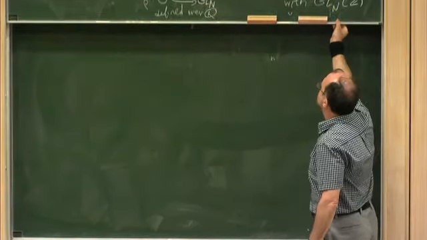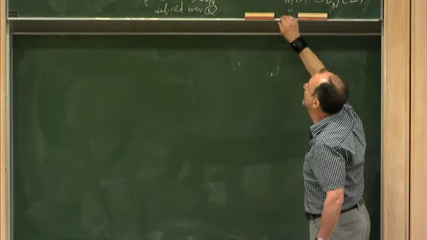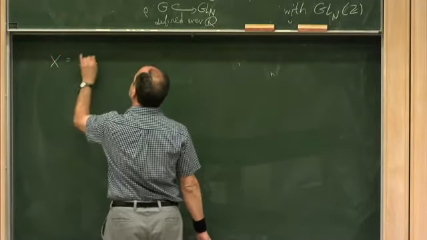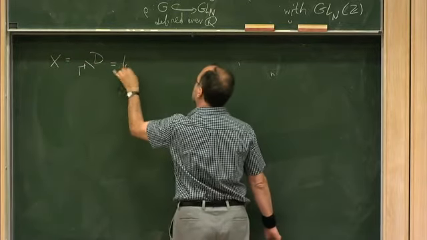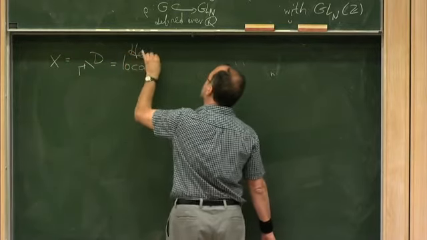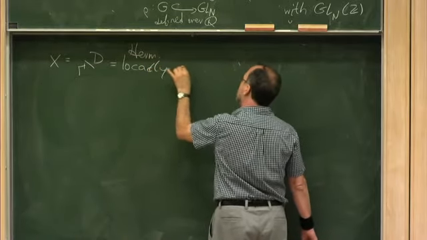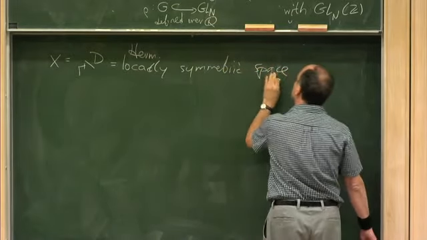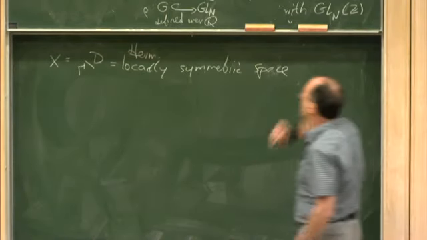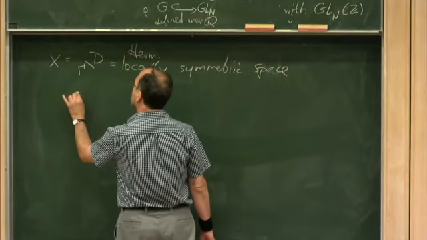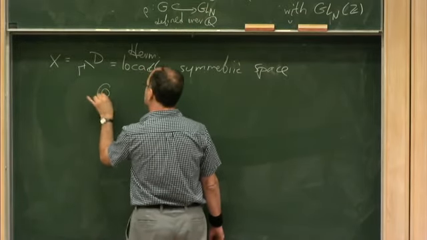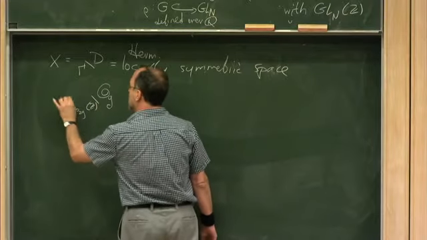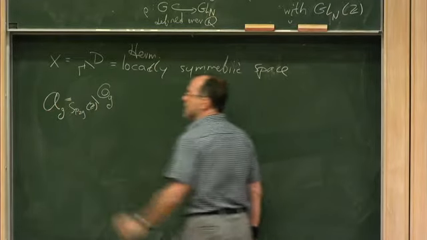And so then we have X, which is D mod gamma, and it's a Hermitian locally symmetric space. So in our example, if we take the Siegel generalized upper half plane modulo Sp2g of Z, this is commonly denoted A sub g.